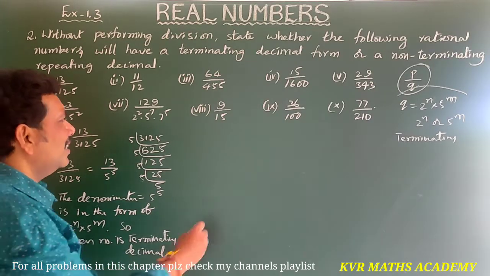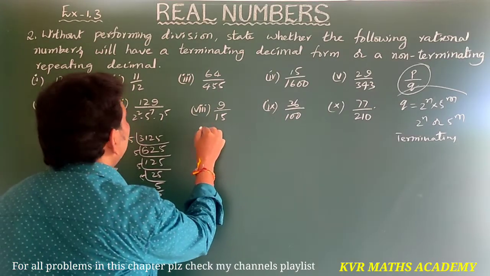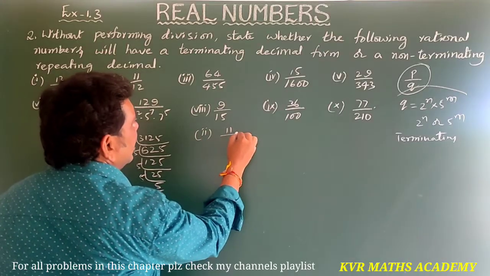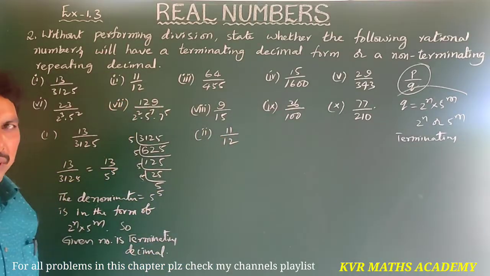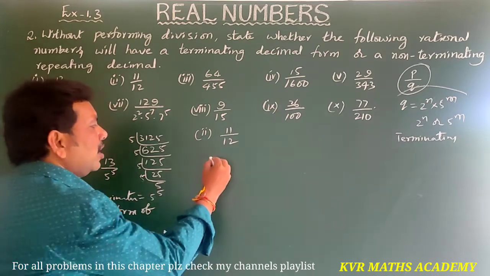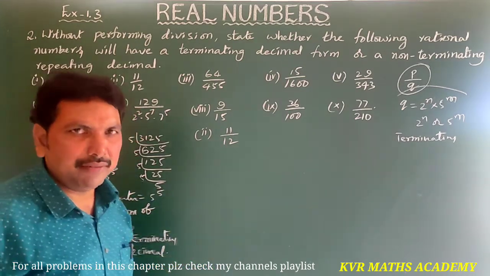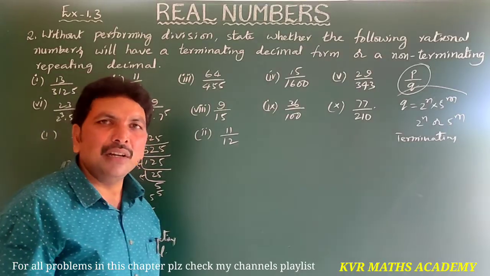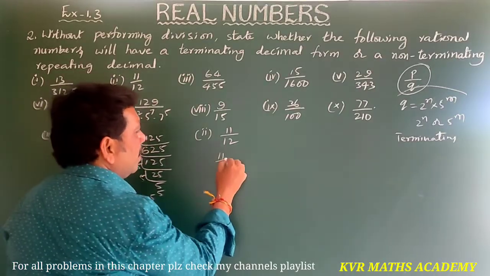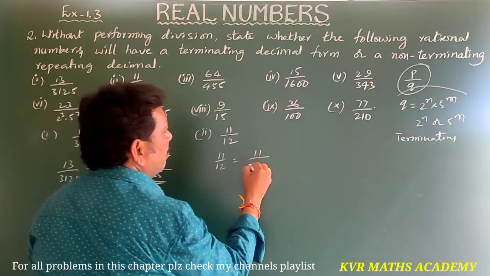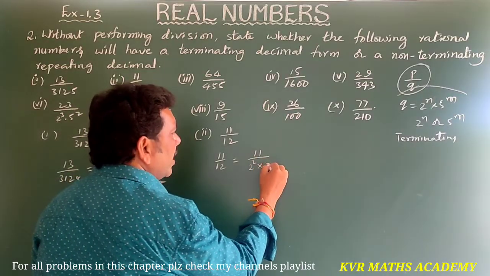Understood? Yeah. Next, the second one: 11 by 12. How can you write 12? 12 is equal to 3 4s are 12. 4 means 2 square. So 11 by 12 is equal to 11 by 2 square into 3.